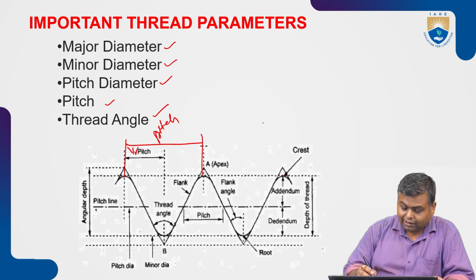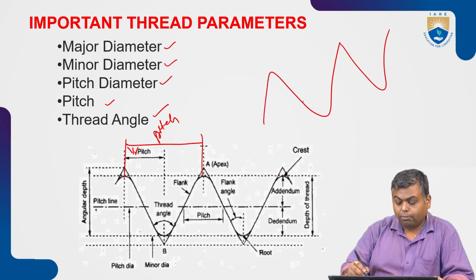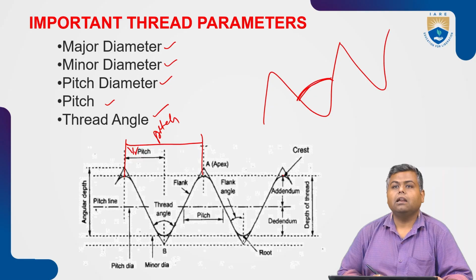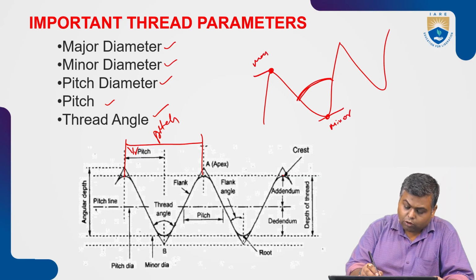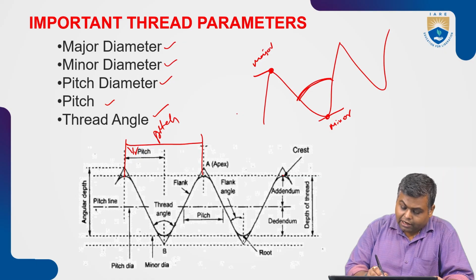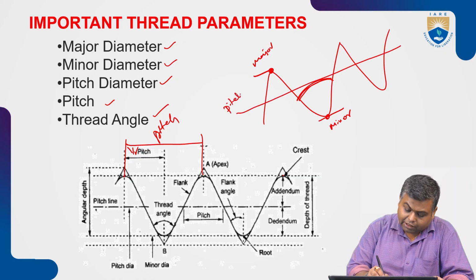The angle of the thread is formed between two flank faces. This is what is called the angle of the screw. Now this is the crest, this is the root. The root is with respect to the minor diameter and the crest is with respect to the major diameter. The average of the screw height is the pitch diameter.